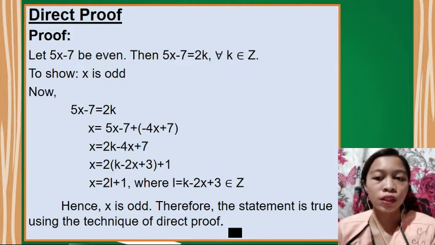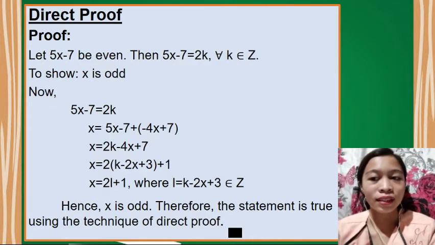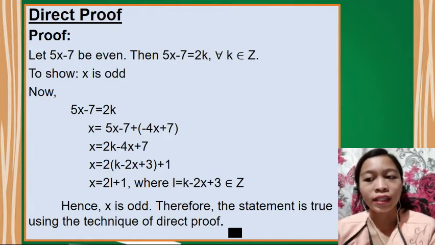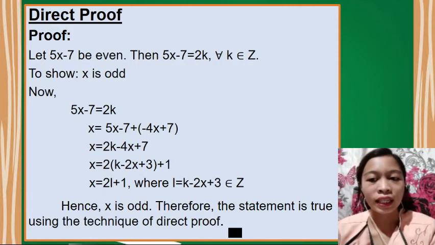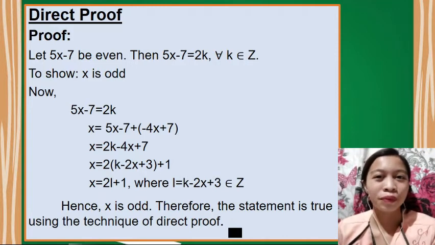And x equals 2l plus 1, where l equals k minus 2x plus 3, which is an element of Z. Hence, x is odd. Therefore, the statement is true using the technique of direct proof.